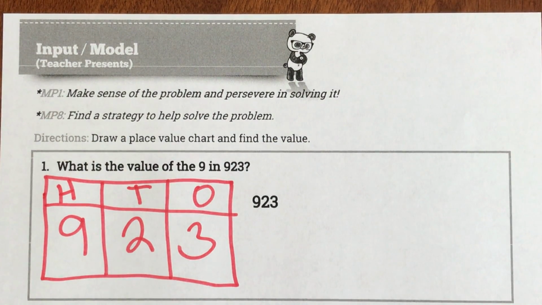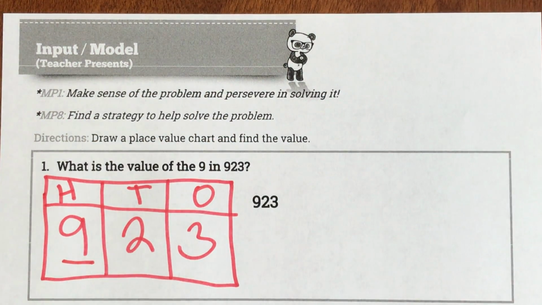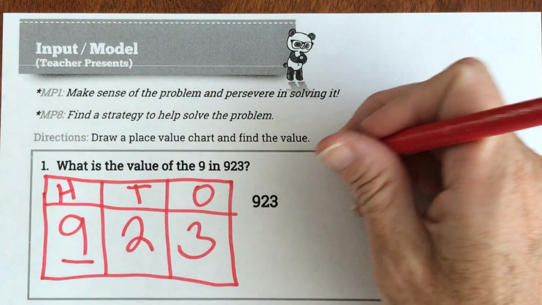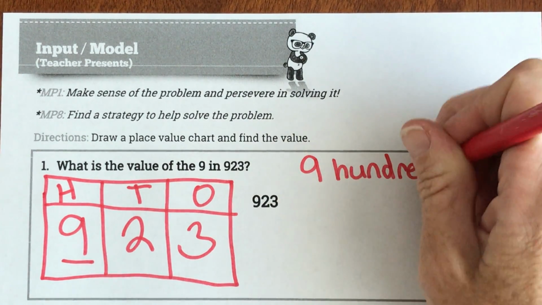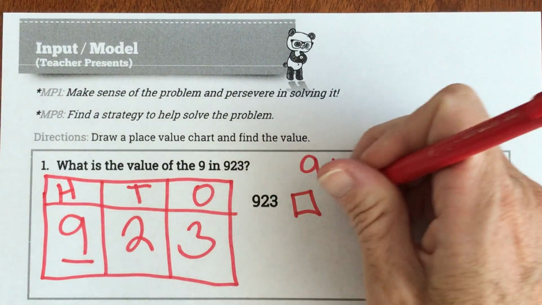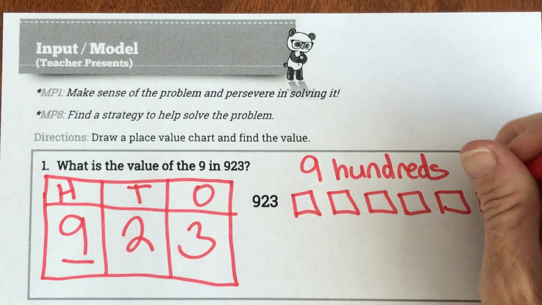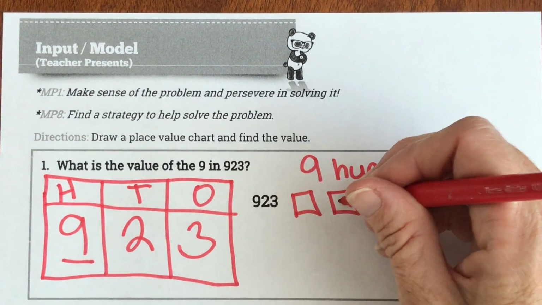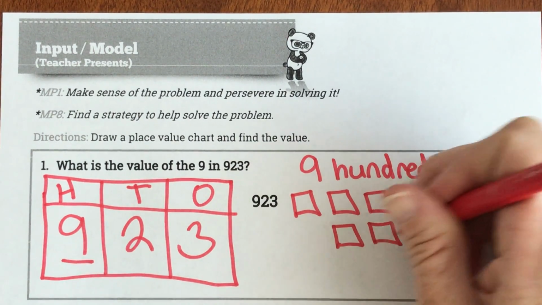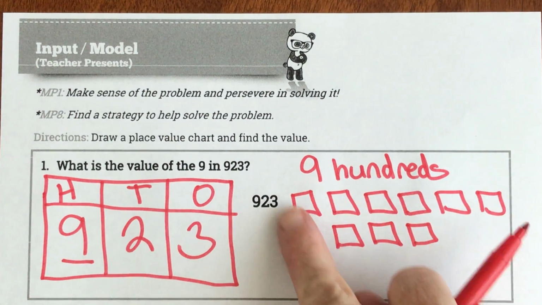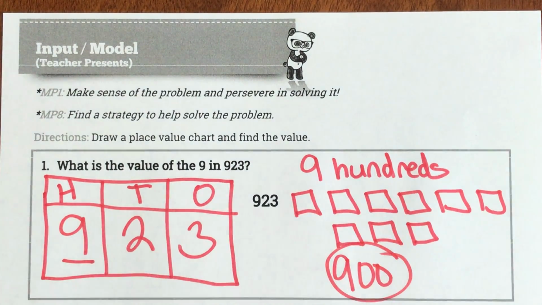And then the digit they're asking about is, what is the value of the 9? So I'm going to underline the 9. So that means I have 9 hundreds, which if I was to draw it is 900 mats. So 100, 100, 100, 100, 100, 100, another 100, another 100. So if these are each worth 100, my value is 900.